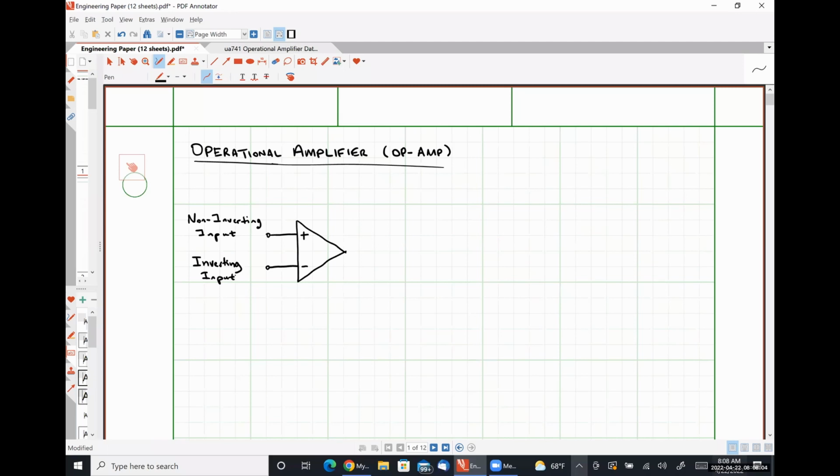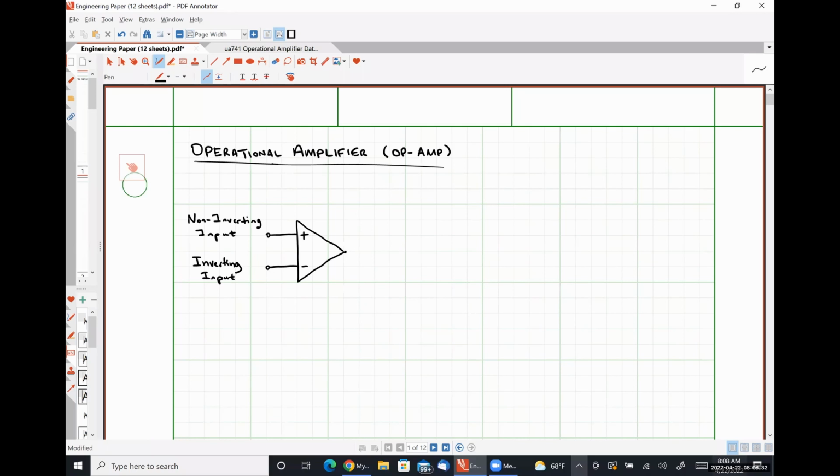These are named for a very specific reason, which is not going to be really obvious until we get into the meat and potatoes of how these devices are used in circuits. So for now, if it's with the plus sign, it's a non-inverting input. If it's on the minus sign, it's the inverting input.